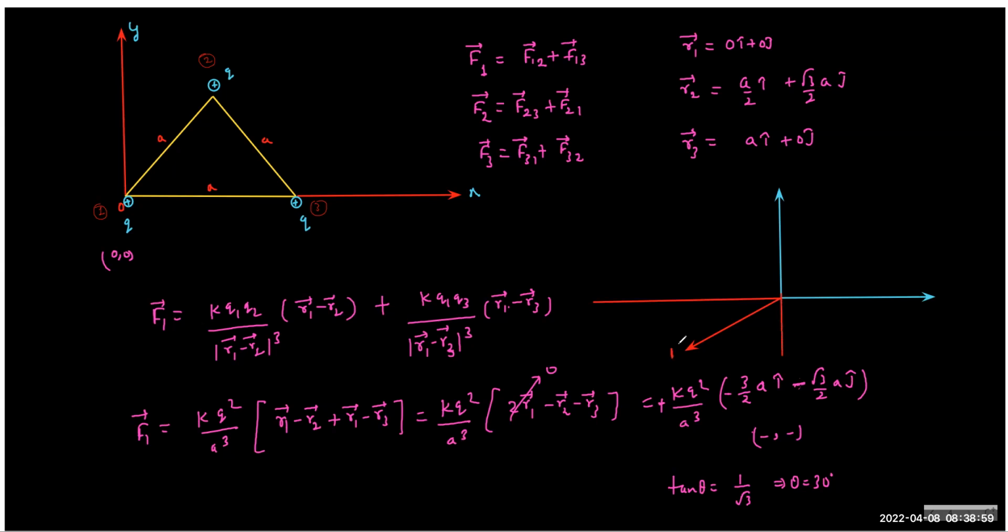So this is the force acting on 1, and this is 30 degrees in the third quadrant. This is how we can interpret or use the vector notation to solve the question. Sometimes in board examinations, they may ask you to use the vector method to solve this problem, so you are supposed to solve like this. Okay, sir. But we'll now see how we can solve this question without doing all this calculation.